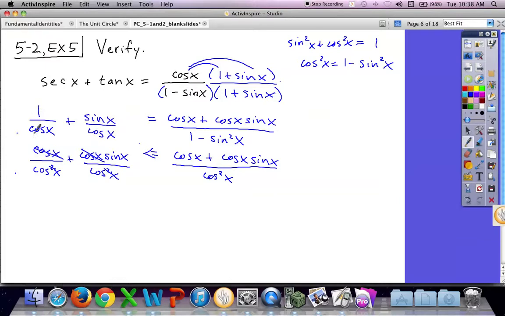Now, 1 over cosine is secant. Sine over cosine is tangent. So we verified. We made the right-hand side look like the left-hand side.